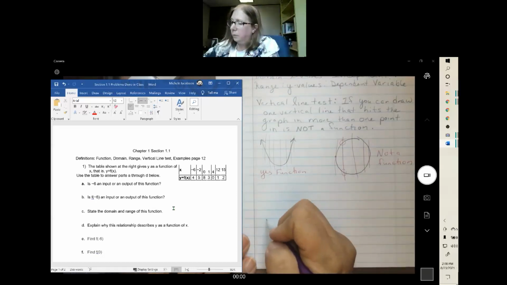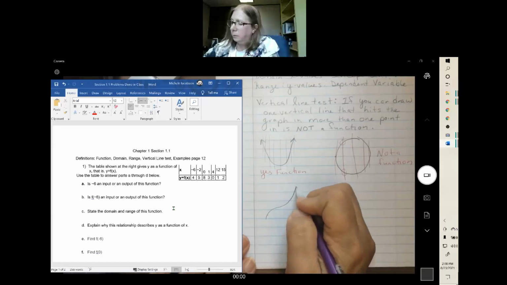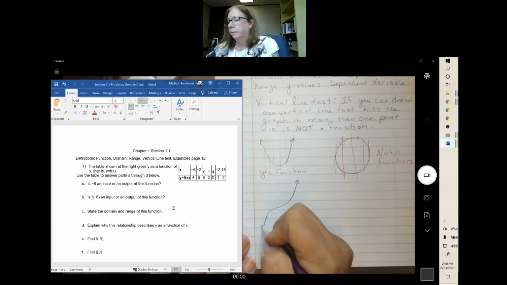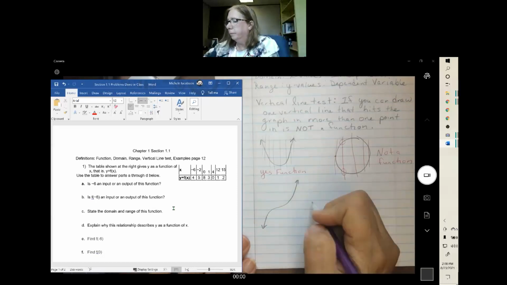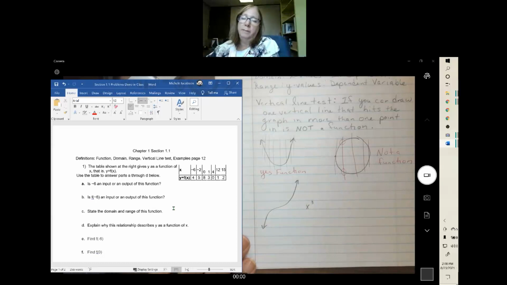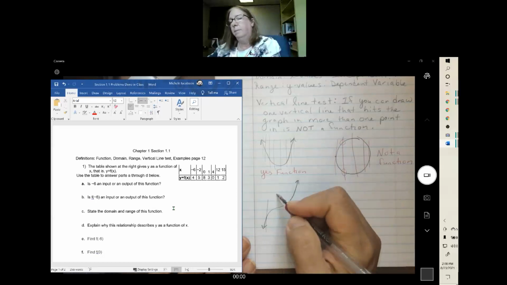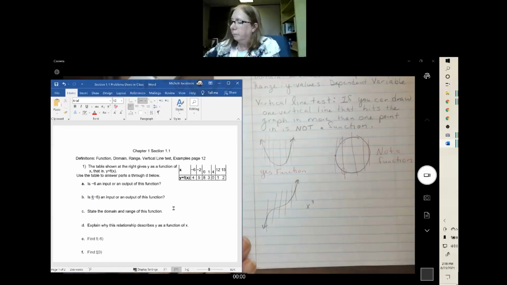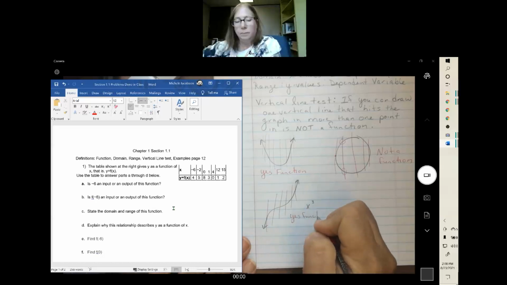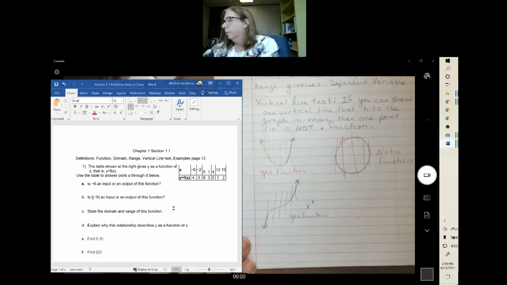A cubic graph looks like this. Is the cubic graph a function? Anyone? Yes. Yes. Try one more.